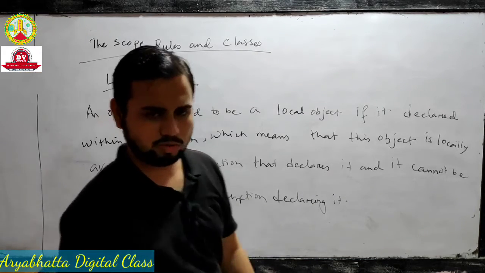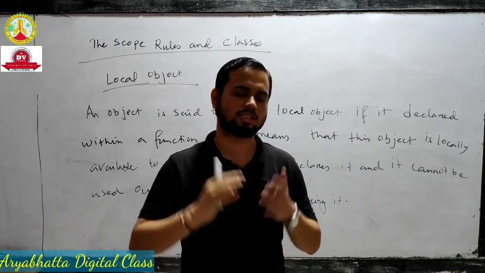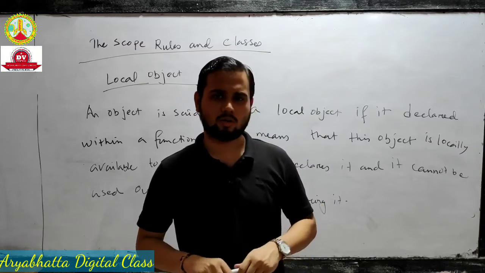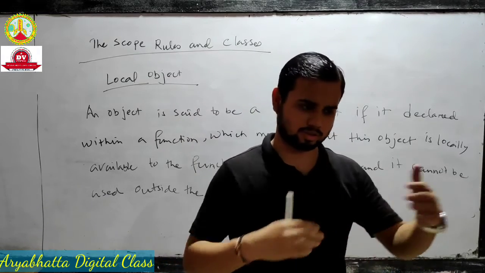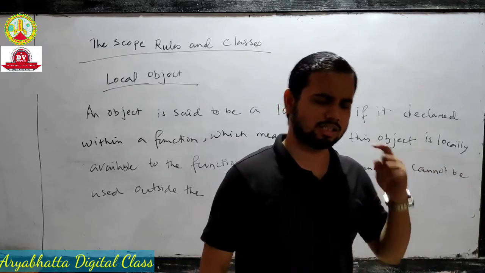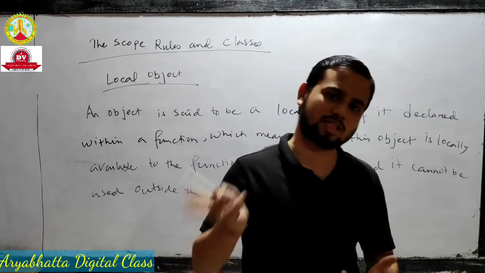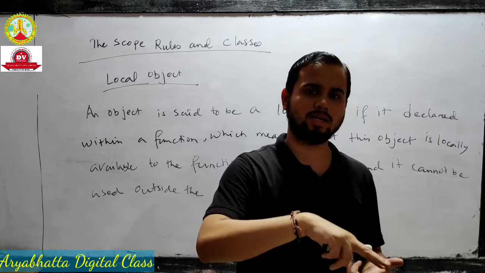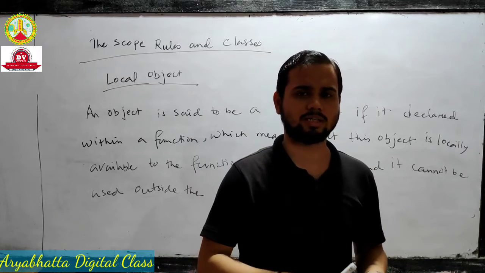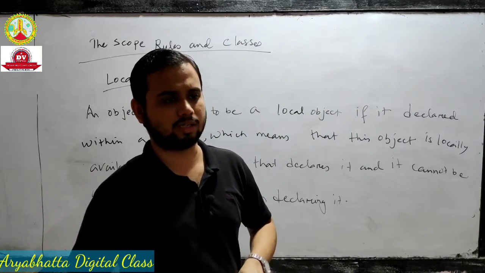Local object is for local class and global object is for global class, or sometimes they are mixed. Just remember for a simple purpose: when your class is declared outside the main function it is global, and inside the main function it is local. An object outside the main function is a global object, and inside the main function it is a local object.